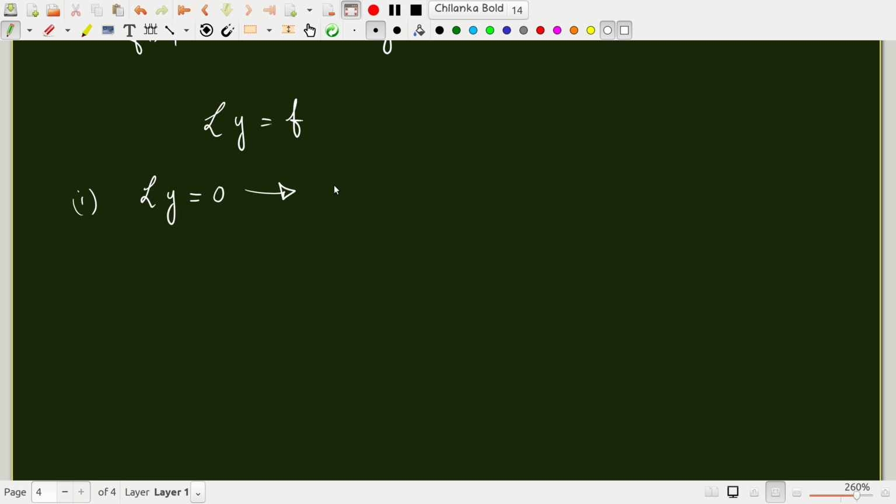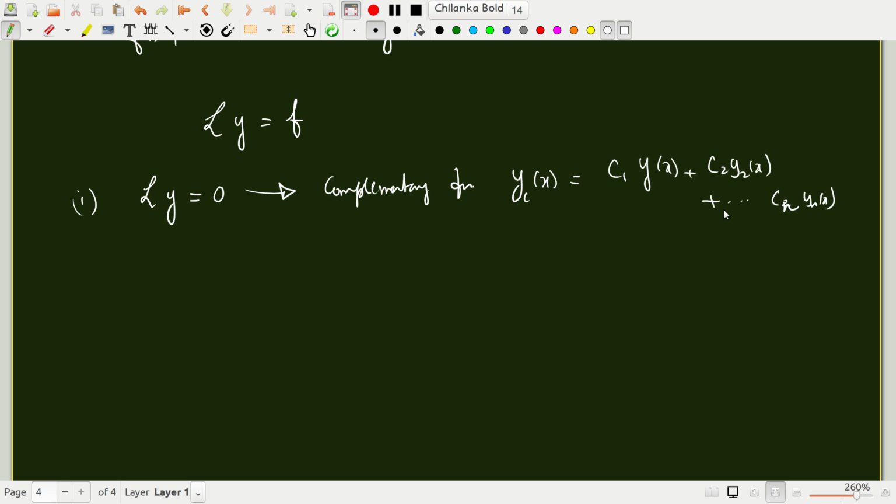You will get what is called the complementary function, normally denoted y_c(x). Because you have an nth order differential equation, you will pick up n constants of integration and n solutions. This is called the complementary solution or the complementary function.